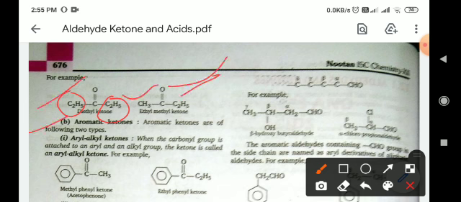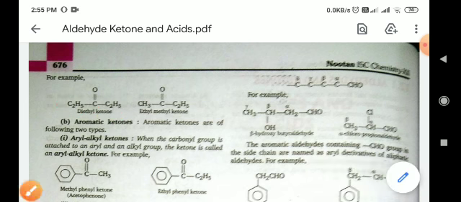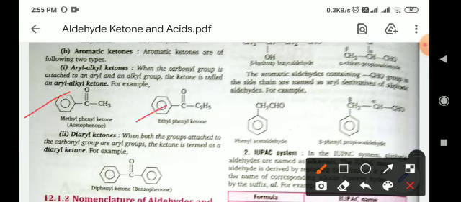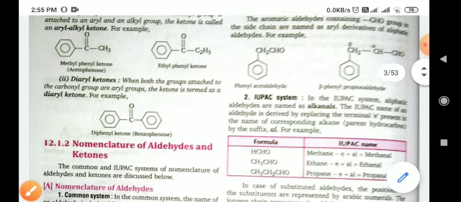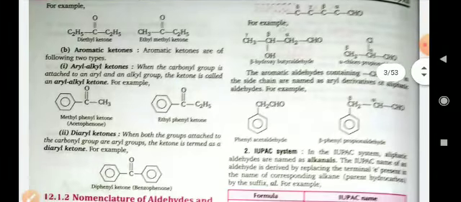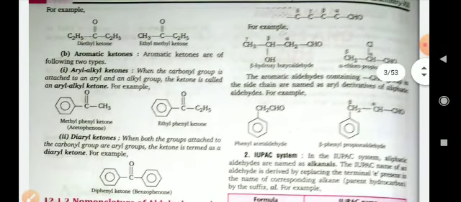And the second type is aromatic, meaning when an aryl group, a benzene group, is present with the ketone, then they are known as aromatic or aryl ketones. With a single aryl group they are called aryl ketones, and they are known as diaryl ketones when two aromatic systems are attached with the carbonyl group. Okay, and other examples are given here.